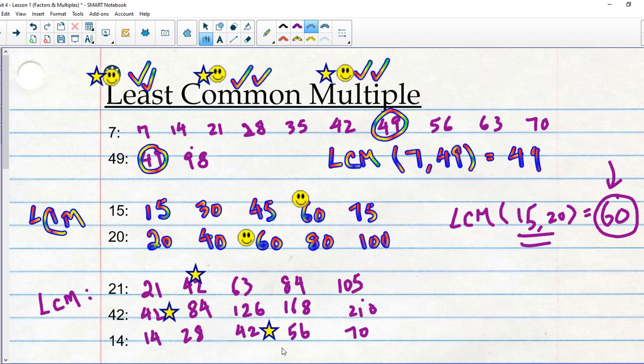Yeah, so that's it, right? They don't even share 84, so there's an 84, 84, but there's no 84, so that's it. So there's our answer. So the LCM, or the least common multiple between 21, 42, and 14 is, what is it, 42, okay?